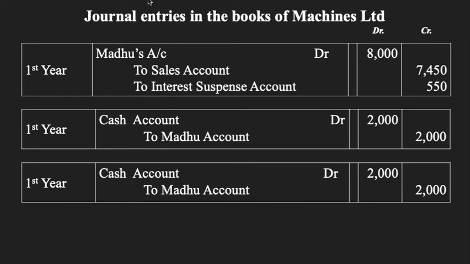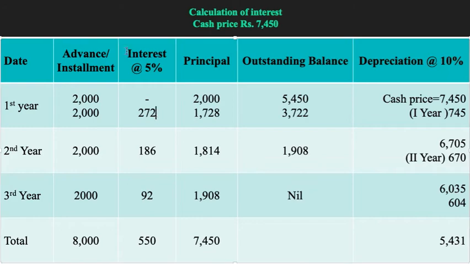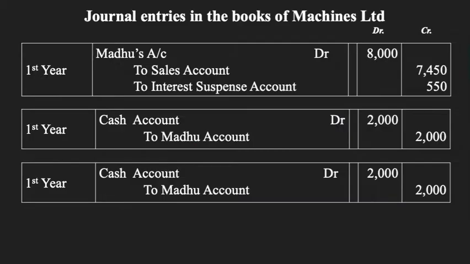2,000 rupees. And in the same year, interest of 272 rupees, which is mentioned here, was paid by the purchaser, I mean by Madhu, to the seller, right?